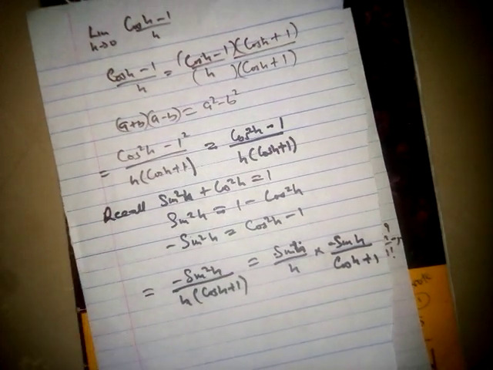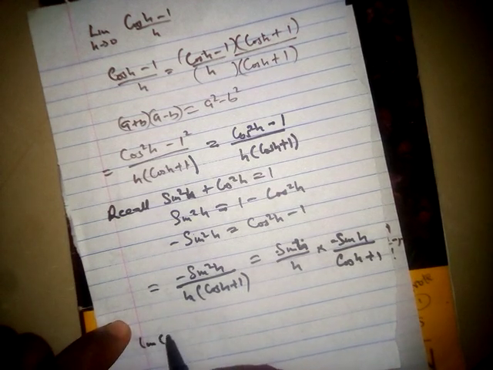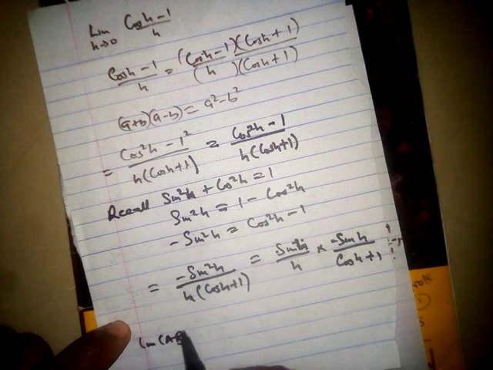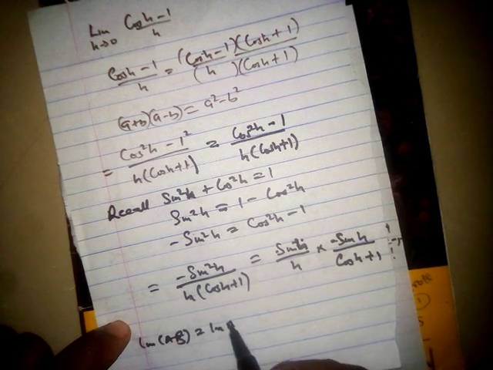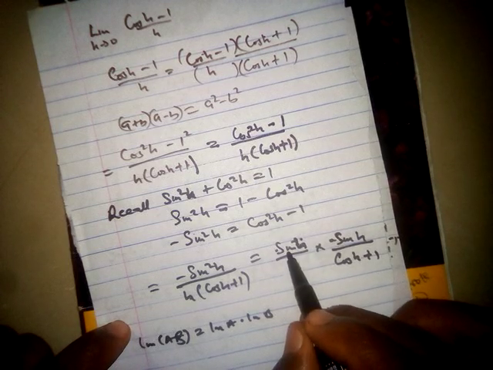Then we apply our limits. Now remember, in our limit rule, the limit of a times b is the same thing as the limit of a times the limit of b. So we have the limit of this times the limit of this.